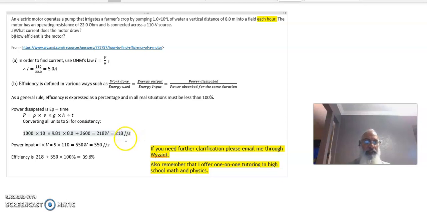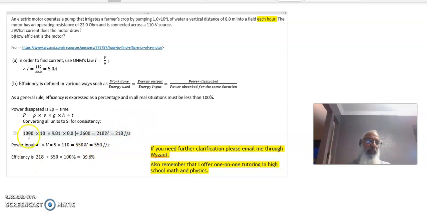Why have I written it like this? Just so you understand that as long as both events are taking place over 1 second, it's the number of joules that you're comparing, and that is the SI unit. So we can compare joules right here, and the units will cancel out eventually. When we do the efficiency, it really wouldn't matter whether it's joules or watts.